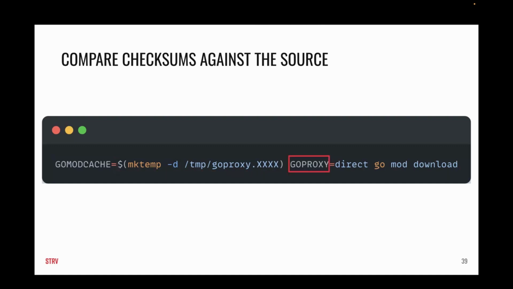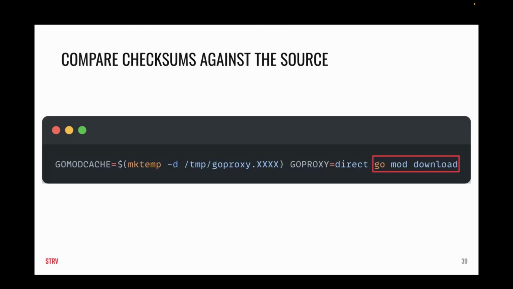And then, instead of using the default setting, which is the official Go proxy, we set our Go proxy to direct, which means that instead of fetching the module from the Go proxy, we fetch it directly from the version control system, and then we run go mod download. Go downloads the zip file, downloads the go.mod, computes the hashes, and tries to compare them to the ones in a go.sum file.